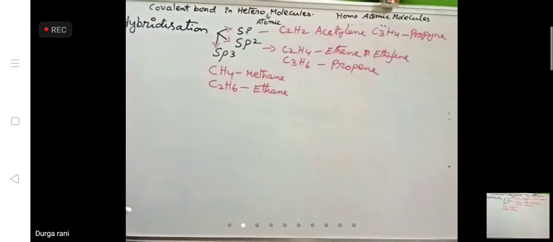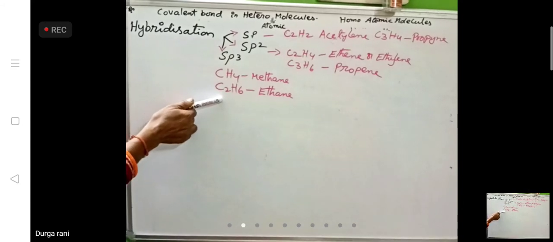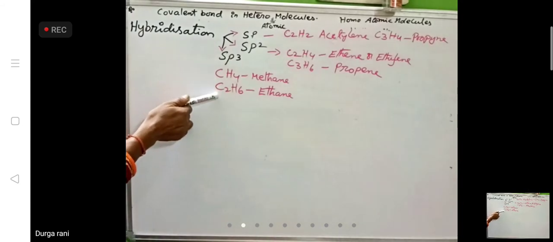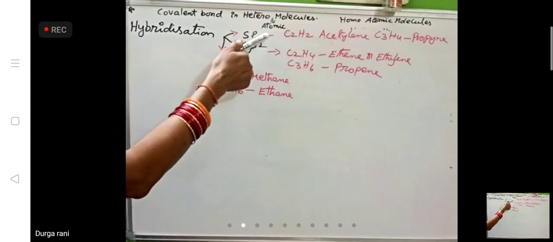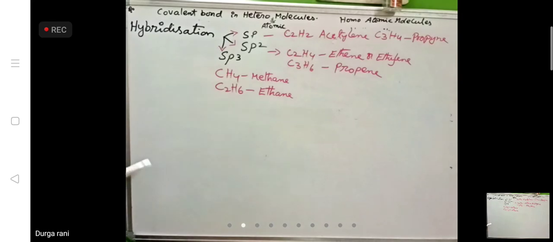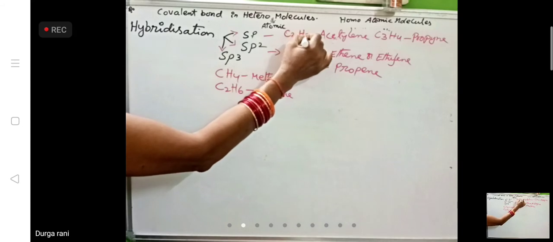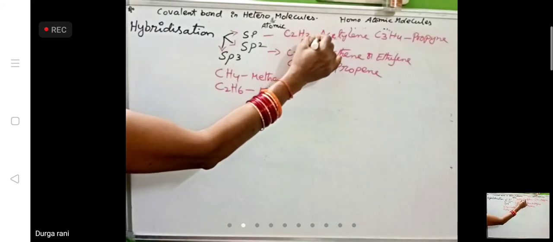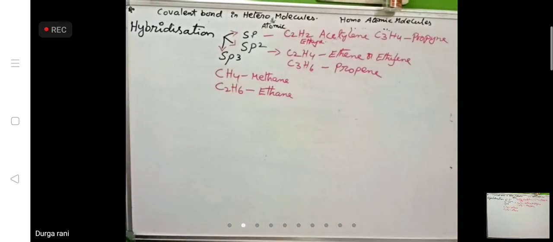Like that, examples are given. Once again, sp3 hybridization we find in the methane molecule and ethane, sp2 in ethene and propene, and sp hybridization in acetylene and propyne. C2H2 is also called ethyne. The other name is acetylene, an industrial gas we are using.